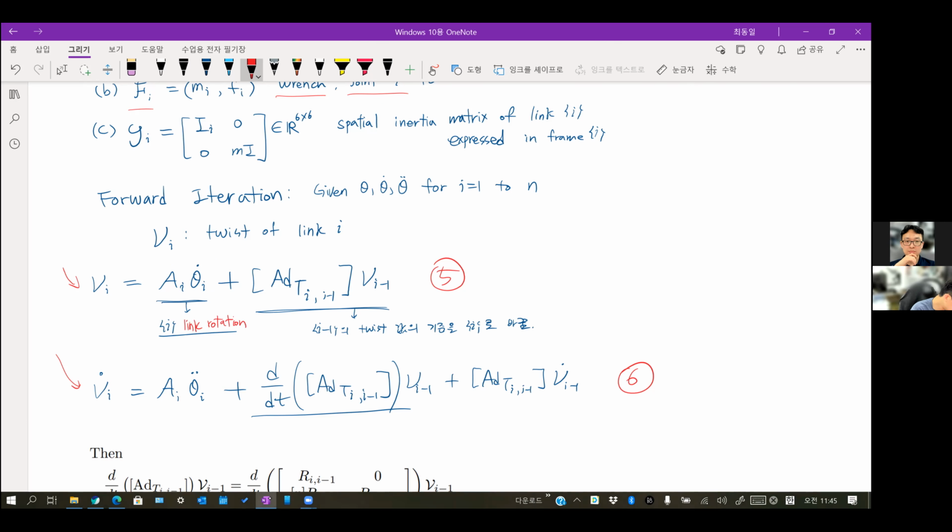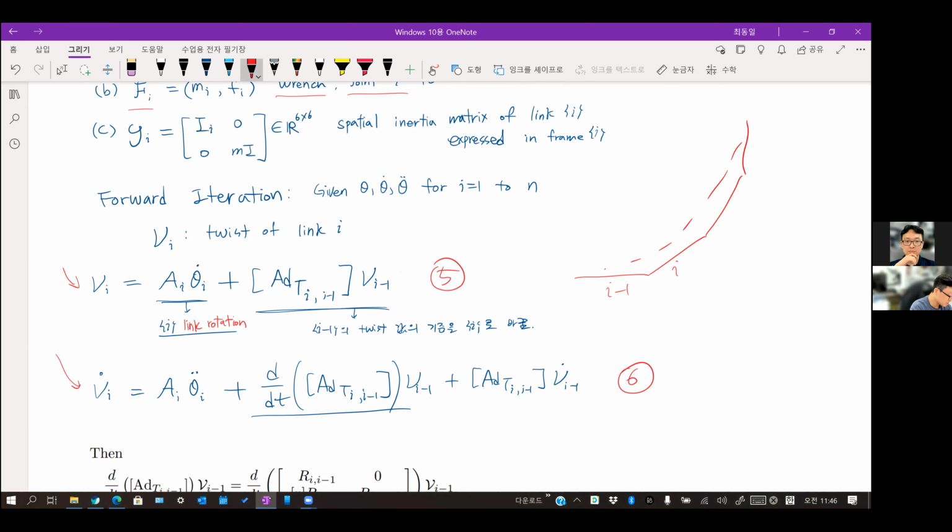And plus this one, because the velocity is propagated from I minus 1 to I in this forward direction. The previous velocity is added here. And the previous twist velocity is changing the reference frame using the adjoint. Because I already explained before, all the vector calculation should have the same reference frame.